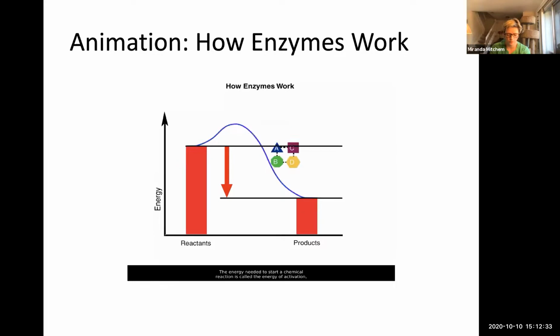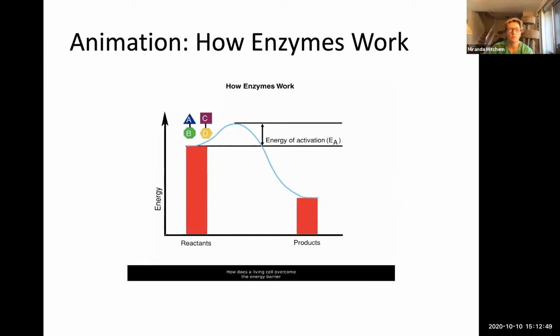The energy needed to start a chemical reaction is called the energy of activation, E sub A. This required energy input represents a barrier that prevents even energy-releasing exergonic reactions from occurring without some added energy. How does a living cell overcome the energy barrier so that its metabolic reactions can occur quickly and precisely?